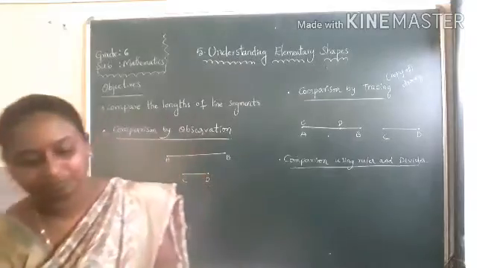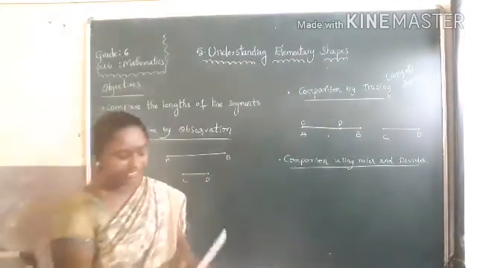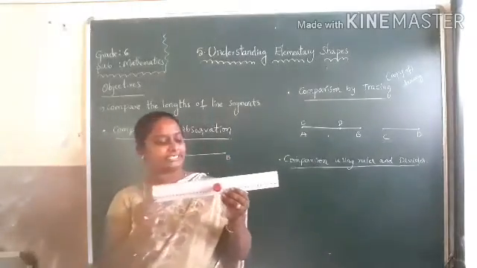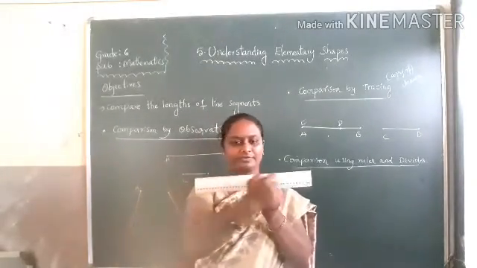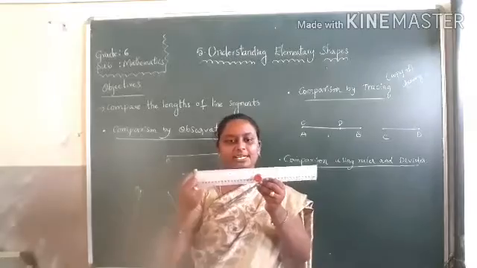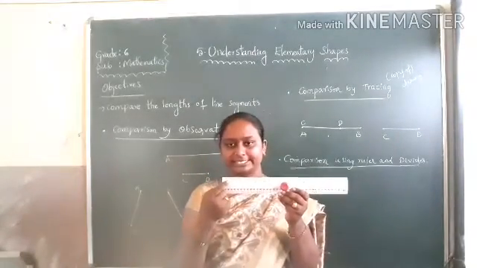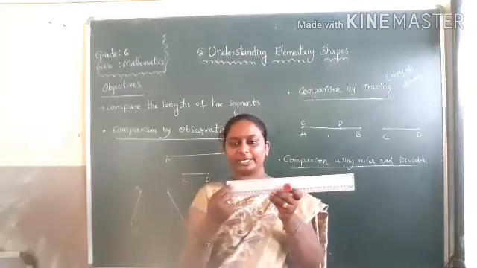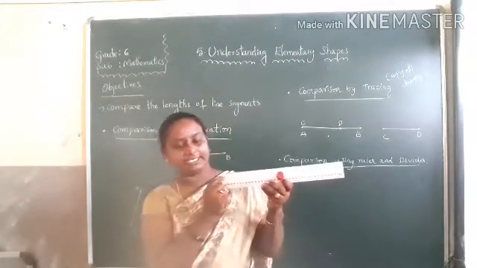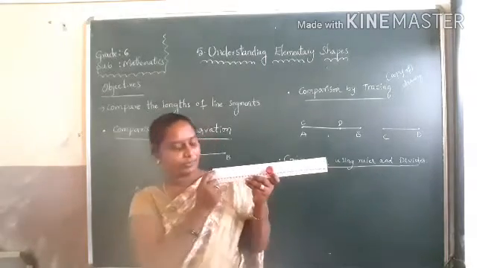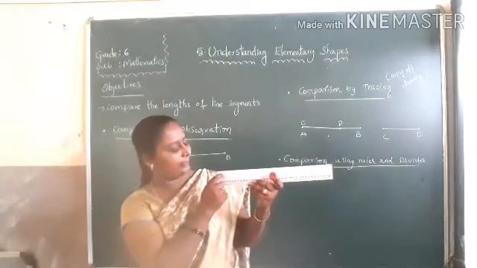First of all, observe this ruler. It is divided into 15 parts. Each of these 15 parts is the length of 1 centimeter. Each centimeter is divided into 10 subparts.